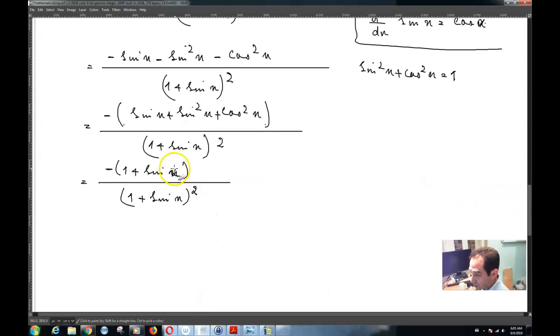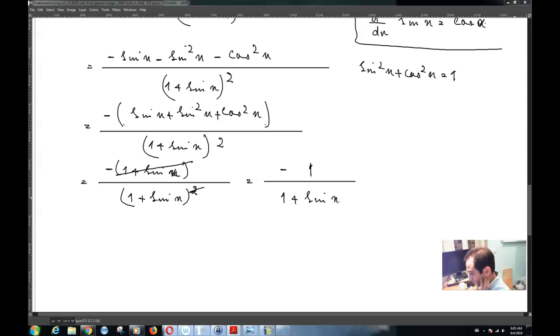And so you can simplify this as so: 1 plus sine x, and then you can cancel that out with the second power of this. So you have negative 1 over 1 plus sine x. That's the derivative of your function. Okay, number 16, negative 1 over 1 plus sin x.